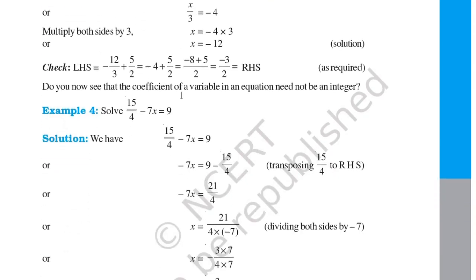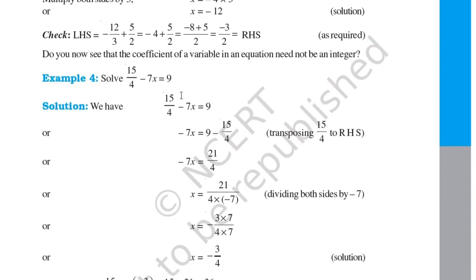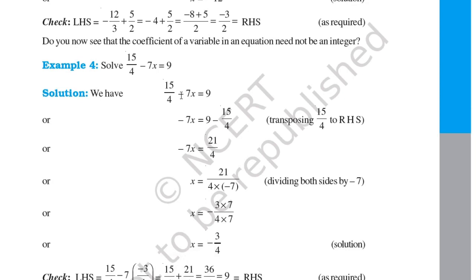So do you see that the coefficient of a variable in an equation need not be an integer? So you can see here example number 4, solve 5 by 4 minus 7x is equal to 9. So simply we will transpose this to the RHS. So when we take this to the RHS, we will get 21 by 4, and this will remain the same.